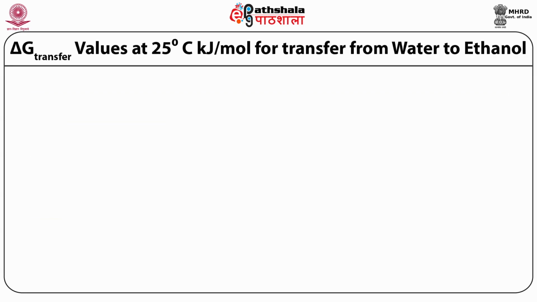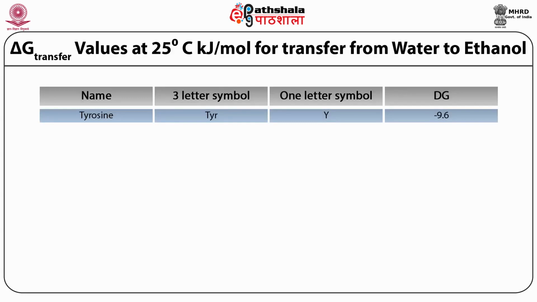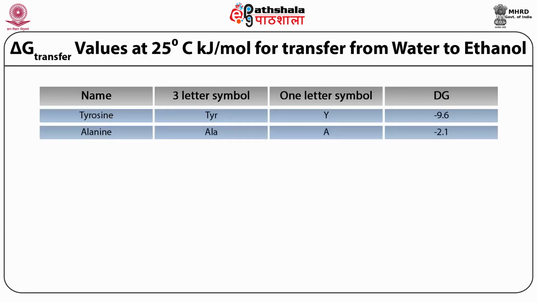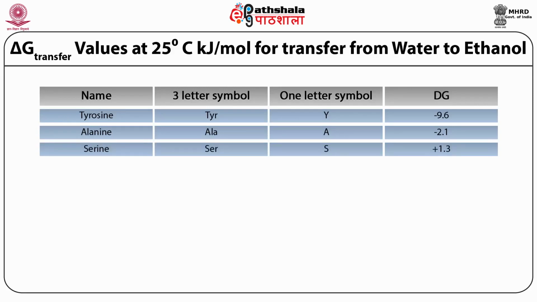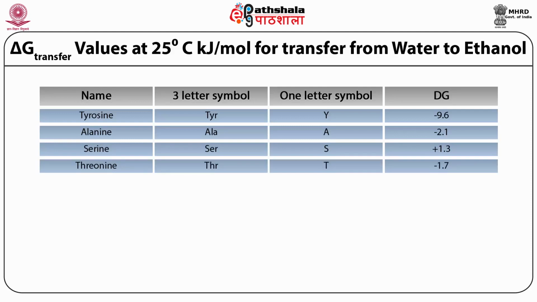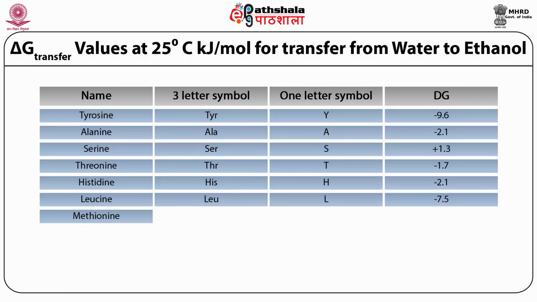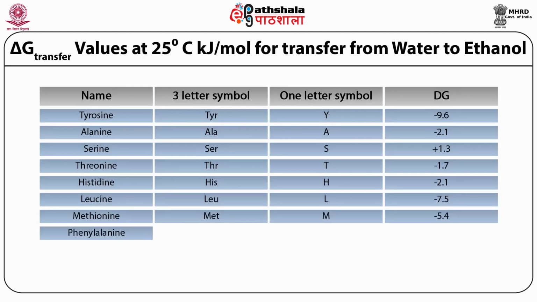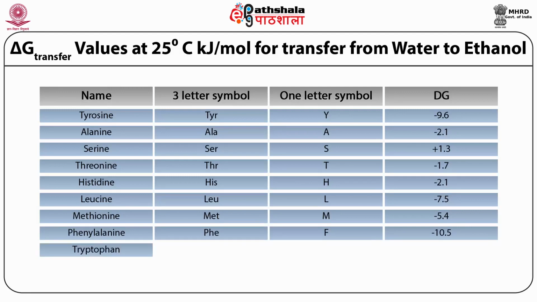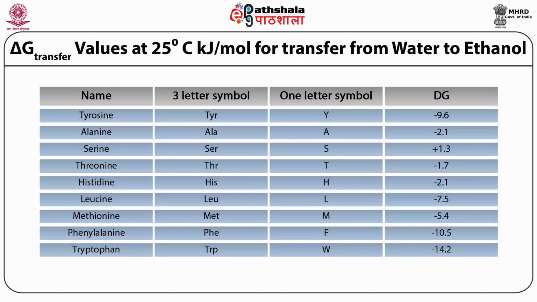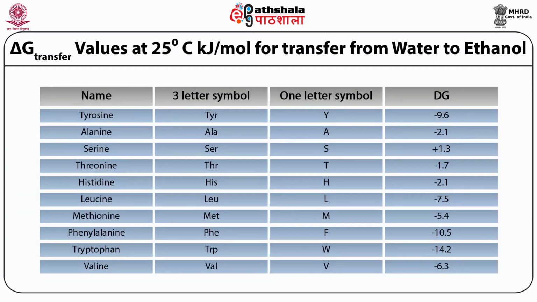We show in this table delta G transfer values at 25 degrees centigrade for transfer from water to ethanol, for tyrosine, which is minus 9.6, alanine minus 2.1, serine 1.3, threonine minus 1.7, histidine minus 2.1, leucine minus 7.5, methionine minus 5.4, phenylalanine minus 10.5, tryptophan minus 14.2, which is the greatest value because of its size, valine minus 6.3.